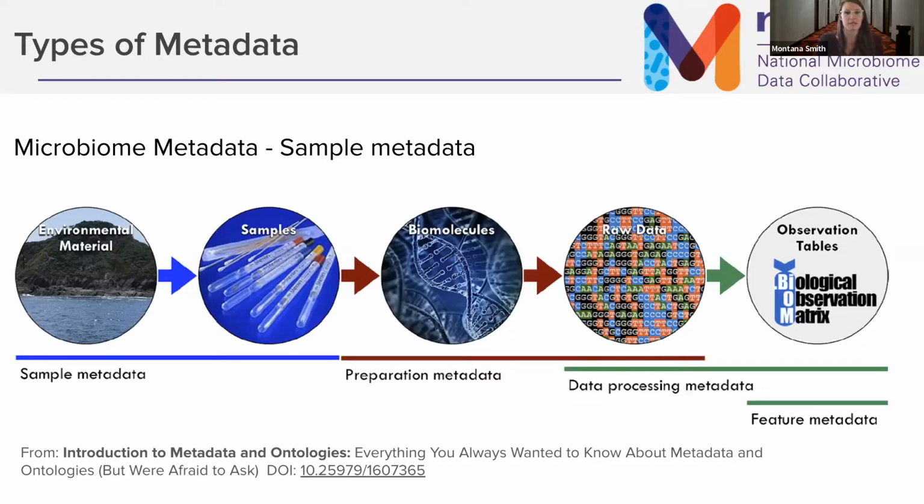There's preparation metadata, which describes what you did to the sample to generate biomolecules or an analytical sample. And that will give rise to what goes onto the instrument, which then gives rise to your data. There's also process metadata and feature metadata, which describe how the data is analyzed or used.